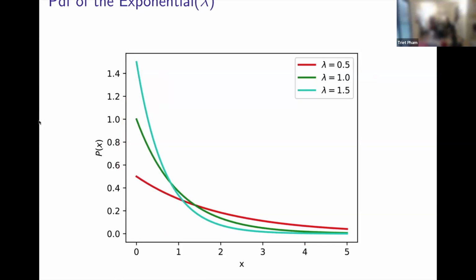Which actually is not what we think. We think that the likelihood of something breaking down when we first buy it is small, and then it might rise up again. Maybe that's how I think. Maybe that's not how you think. Whatever. But if I think like that, meaning a new thing is less likely to break down compared to an old thing, then maybe the exponential is not what I'm having in mind.